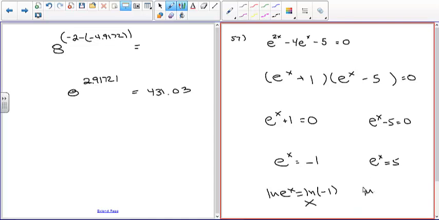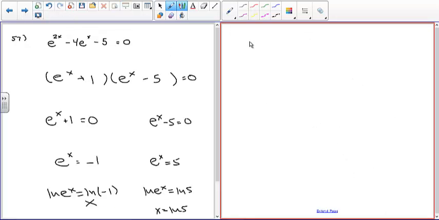So we have this side, and so what we get is natural log of e to the x equals the natural log of 5, or x equals the natural log of 5, which is 1.609. So you get x equals 1.609.